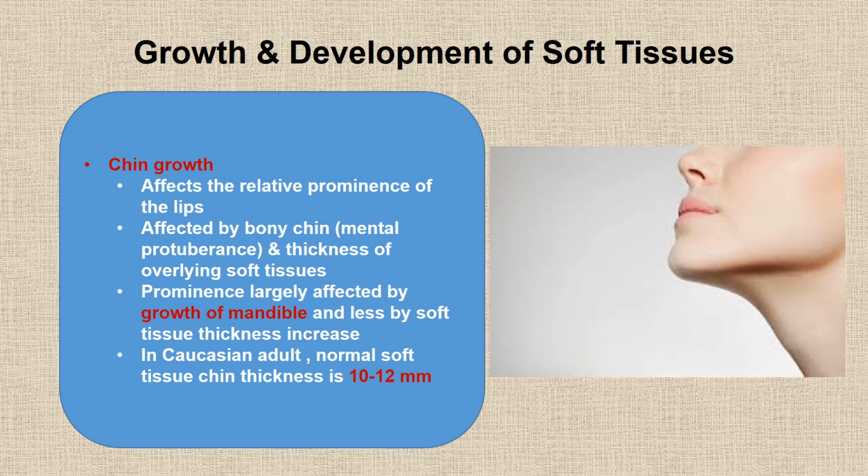The chin also affects the relative prominence of the lips, and the chin is affected by the bony chin or the mental protuberance as well as the thickness of the overlying soft tissues. The prominence is largely affected by the growth of the mandible and less by the soft tissue thickness increase. In a Caucasian adult, normal soft tissue chin thickness is about 10 to 12 millimeters.